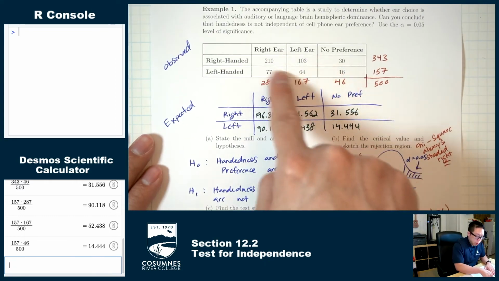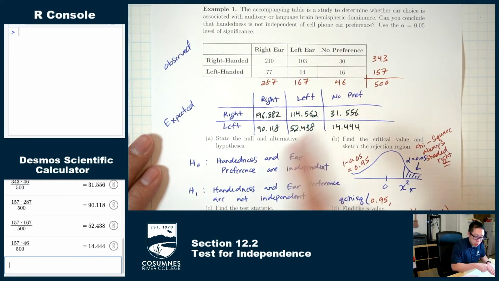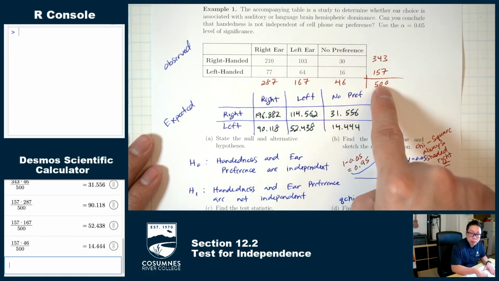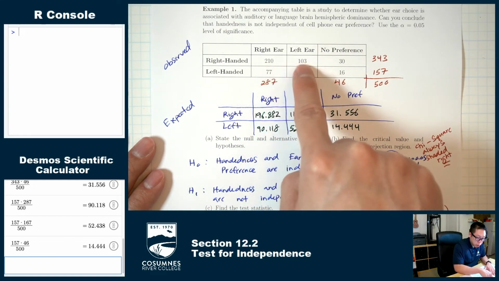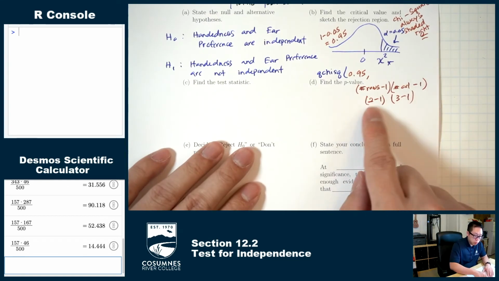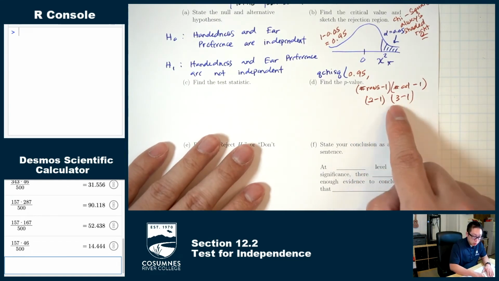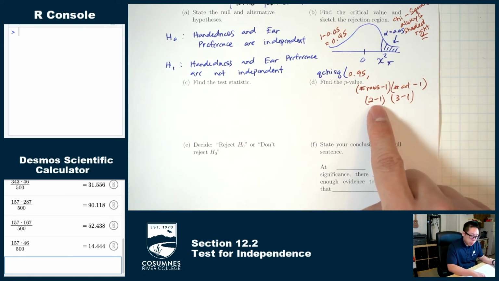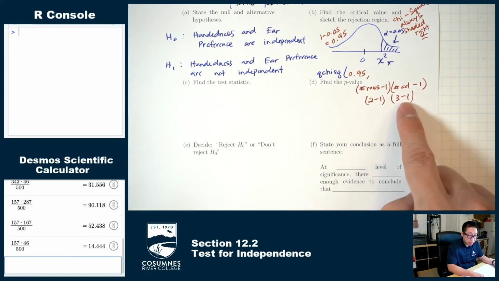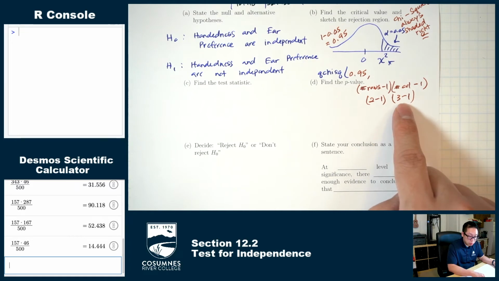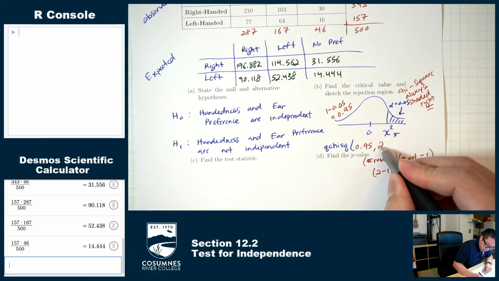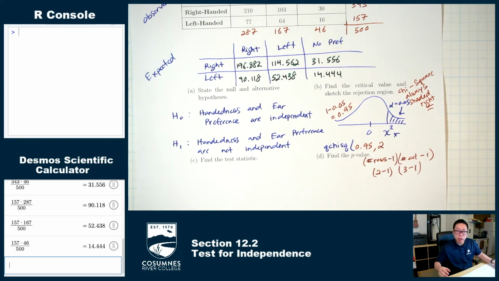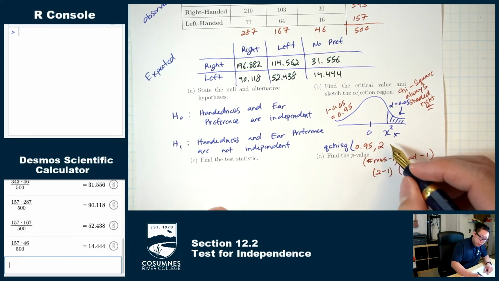We're not counting the labels, and we're not counting the new numbers that we're writing in. So just the original numbers, which are, there's 2 rows and there's 3 columns. So 2 rows, 2 minus 1. 3 columns, 3 minus 1. 2 minus 1 is 1. 3 minus 1 is 2. So this is really just 1 times 2, which is 2. So we're doing Q chi-square 0.95 comma 2.